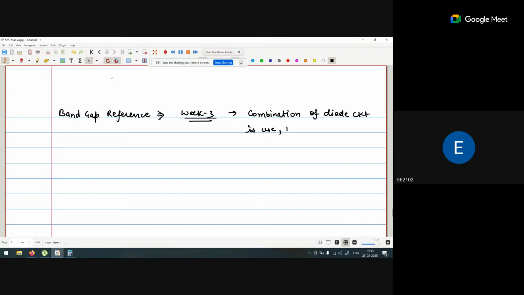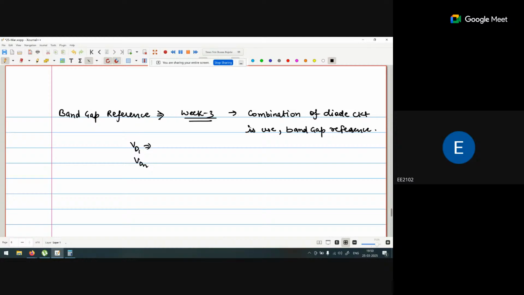That is the band gap reference. For example, we calculate VD1 and VDN, and the difference is VDN minus VD1, so you are getting the voltage.